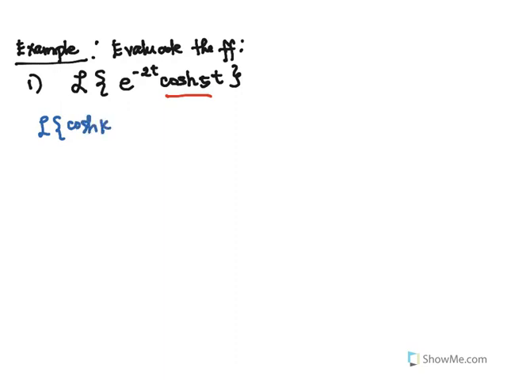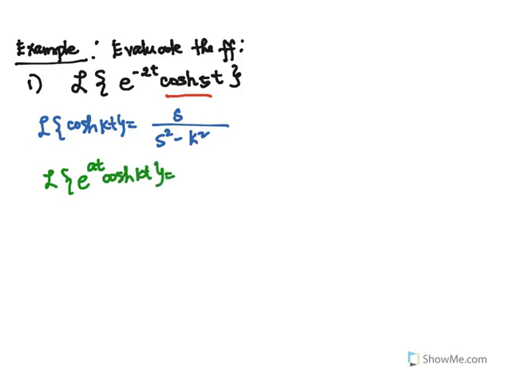So, we know that, again, the Laplace transform of cosh of kt is equal to s over s squared minus k squared. And so, again, it follows that the Laplace transform of e to the at cosh kt is equal to s minus a all over s minus a squared minus k squared.